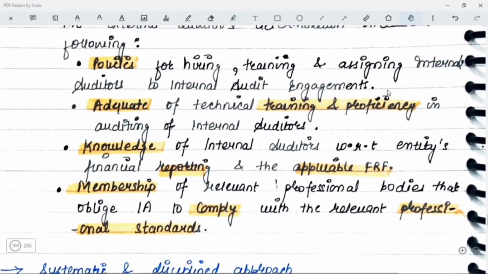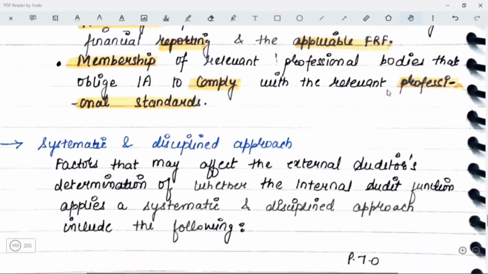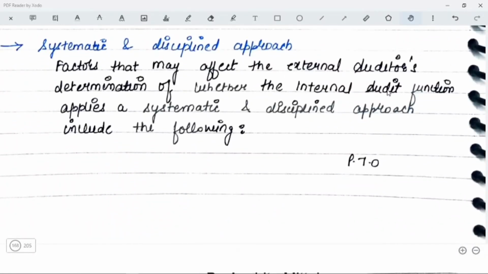First of all, the policies for hiring, training and assigning internal auditors to internal audit engagements, the adequacy of technical training or proficiency in auditing of internal auditors, the knowledge of internal auditors with respect to the entity's financial reporting and the applicable FRF, and membership of relevant professional bodies that oblige internal auditors to comply with the relevant professional standards. So these are some of the factors that the auditor can consider while using the work of the internal auditor or while taking direct assistance from him.